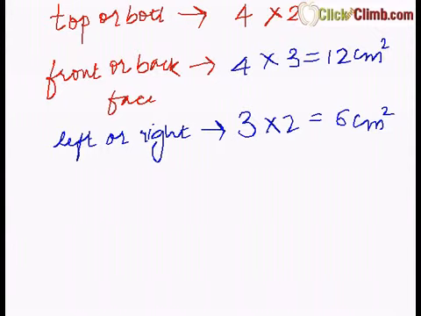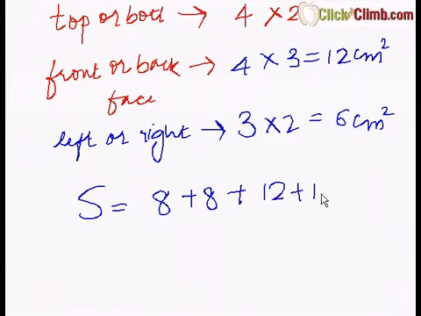Okay, so now we add up all the things. So we'll get 8 plus 8, because there are two faces, top or bottom. Then we add 12 plus 12 for the front or back.